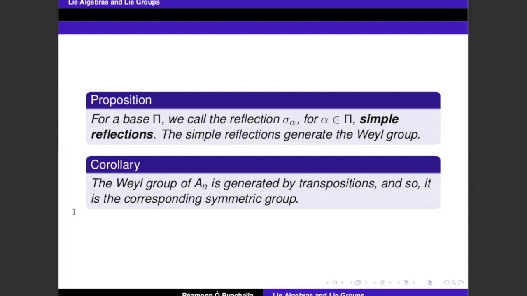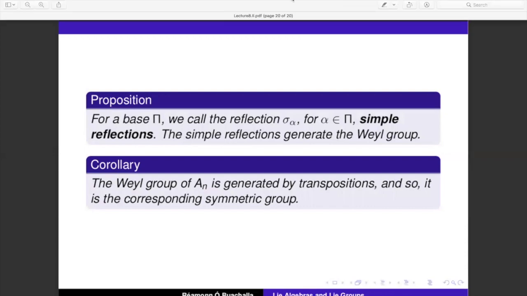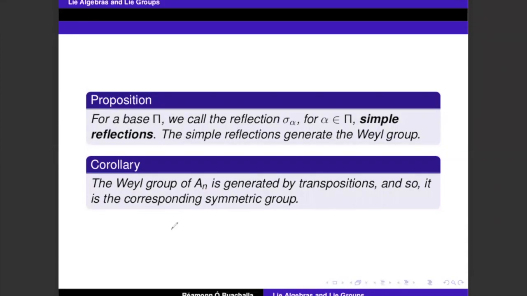And so in particular, if we go back to our example of A sub n, we now see that this is generated by the corresponding simple reflections. But what were the simple roots in this case? They're just going to be those elements alpha I equal to alpha I, alpha I plus 1, with the corresponding reflections.